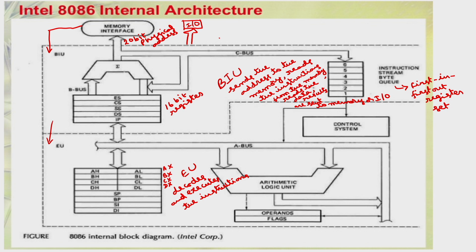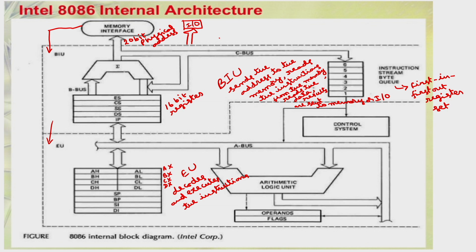The stack pointer always holds the offset from the start of the stack segment to the stack top. The base pointer is basically used in calculating the physical addresses for the data segment and extra segments. Similarly, we have the source index and destination index, which are useful in string operations, which I discussed in the last class. So these are all about the register array.